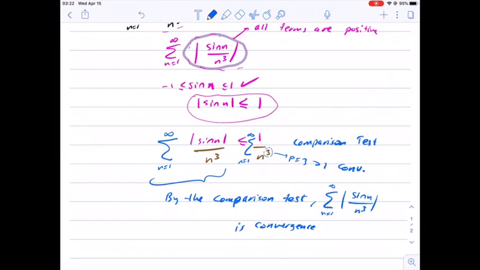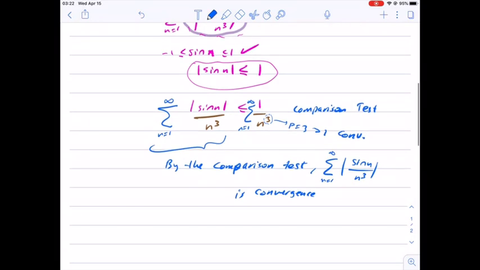And as you notice here, we took the absolute value of the denominator as well, because this is always positive. So if we take the absolute value of the denominator as well, that will not affect our computations, and will not affect the test as well.